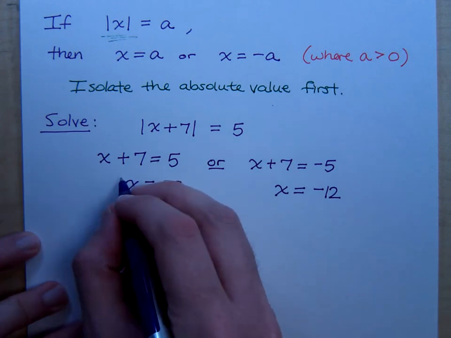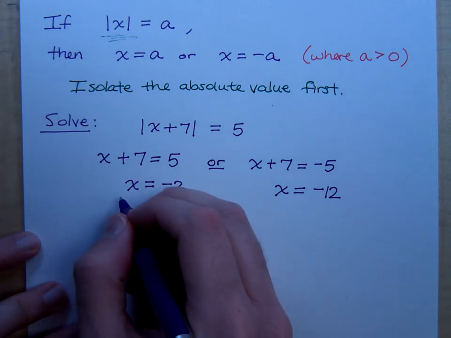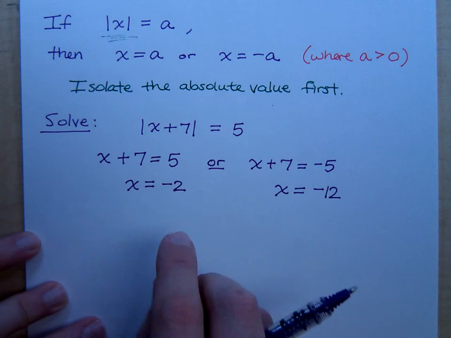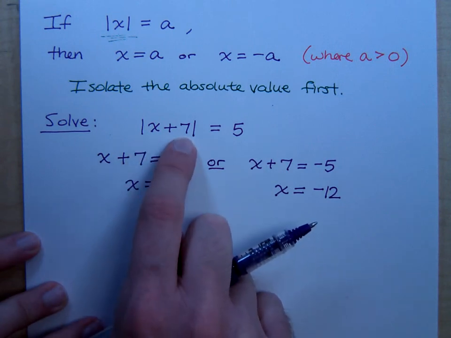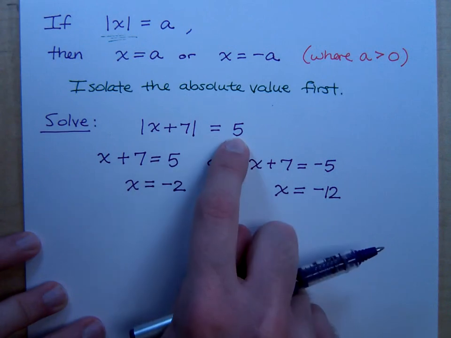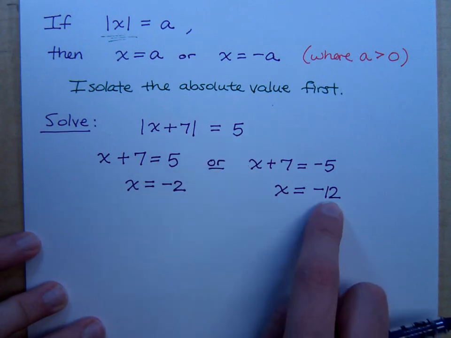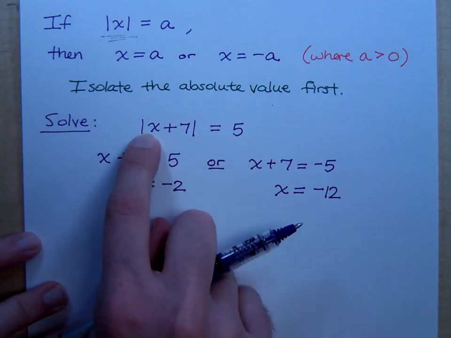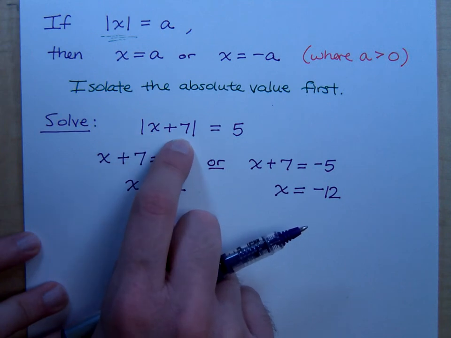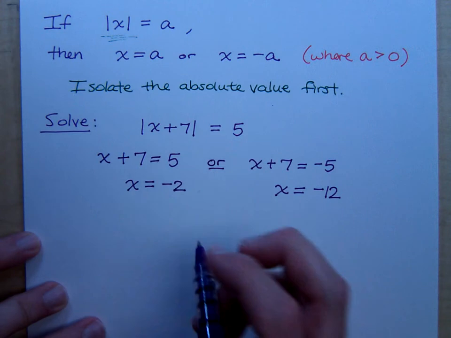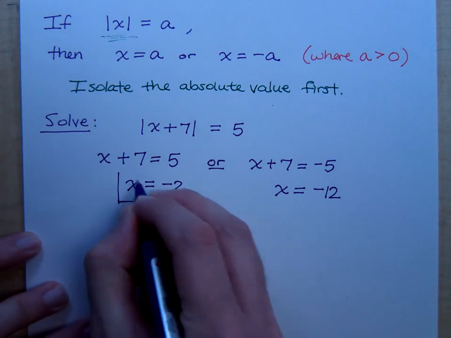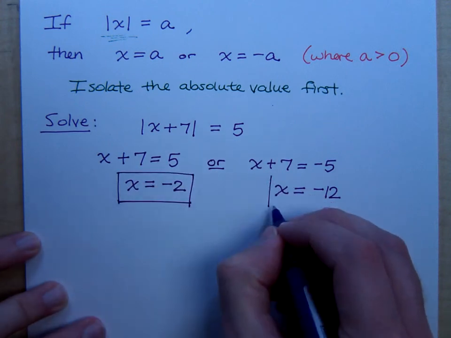All right. Now, how do you know these are correct? Plug them in. If you plug in negative 2, what's negative 2 plus 7? 5. And the absolute value of 5 is 5. What if I plug in negative 12? Negative 12 plus 7 is negative 5, but the absolute value of negative 5 is 5. So it's very easy to check that both of these are correct.